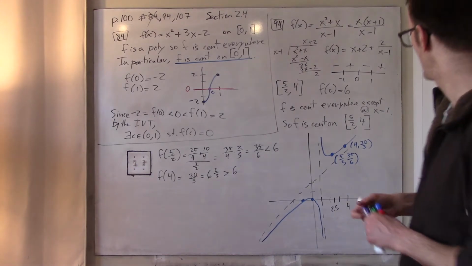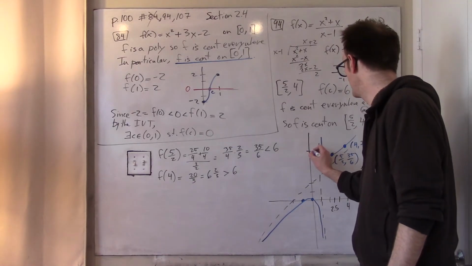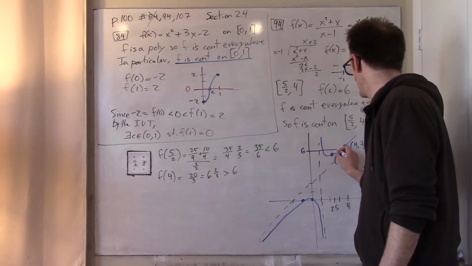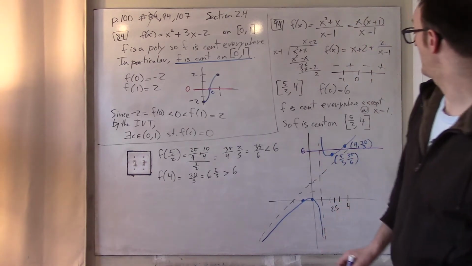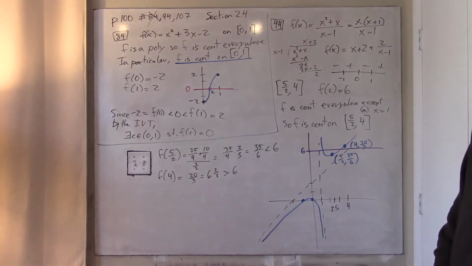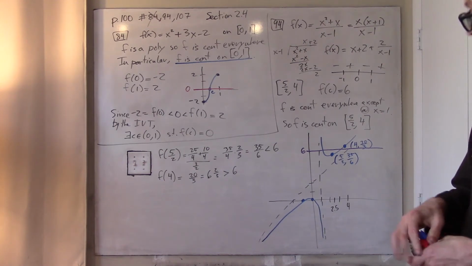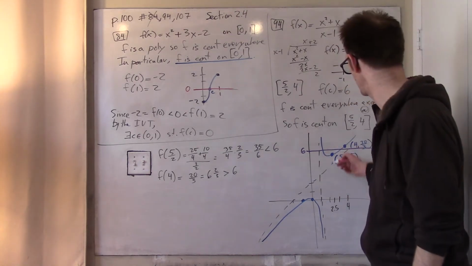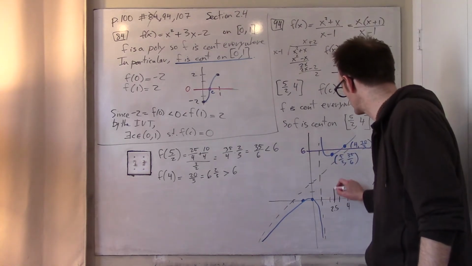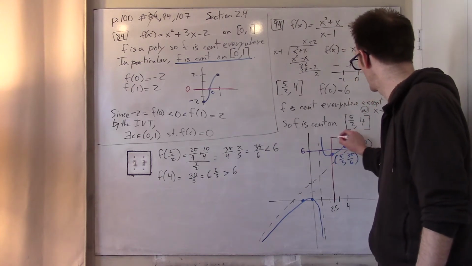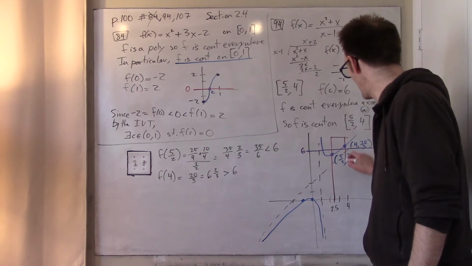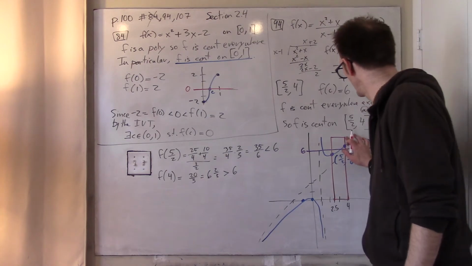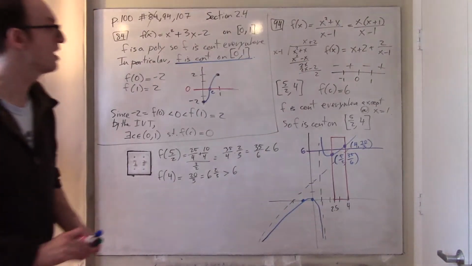Now I draw in the line y equals 6, and I see that, focusing just on what's going on on this interval, I'll just make a big red box. Look at what's happening inside this red rectangle.